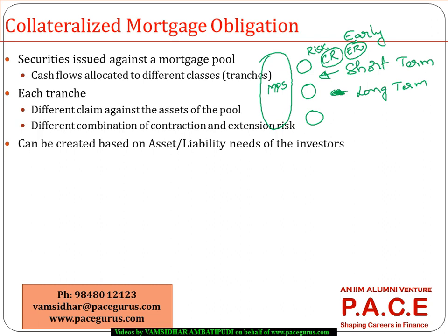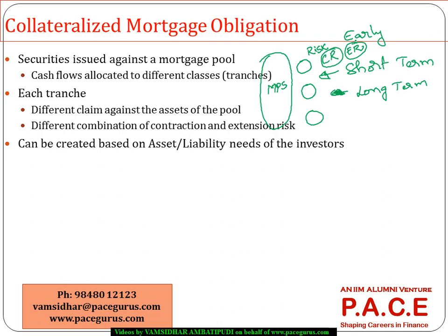What is the prime reason? They are receiving the principal earlier, right? If the interest rates are falling, they are forced to reinvest that money at much lower rates of interest. So the ones who are investing from a short-term standpoint are exposed more to the contraction risk, whereas someone who is looking out for a long-term investment is exposed more to an extension risk.